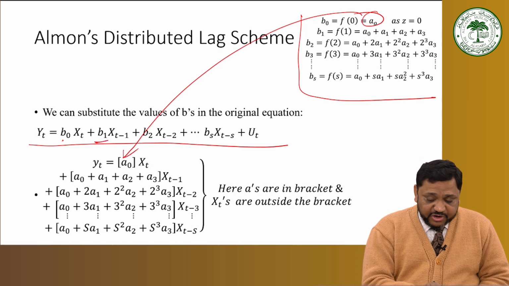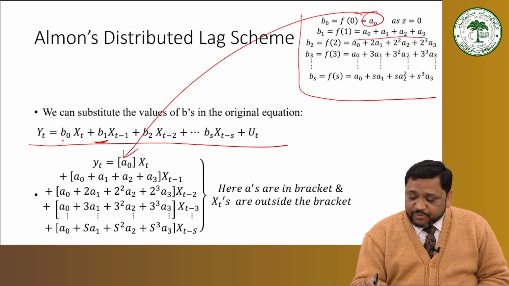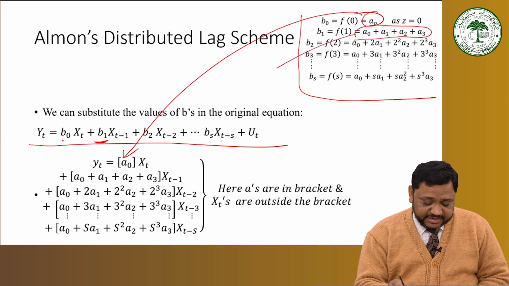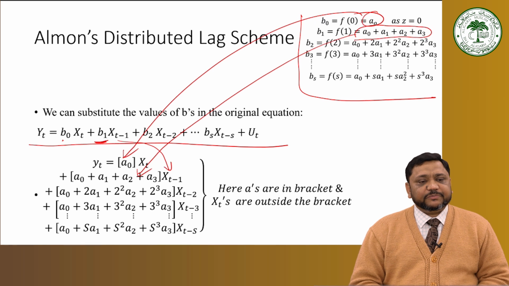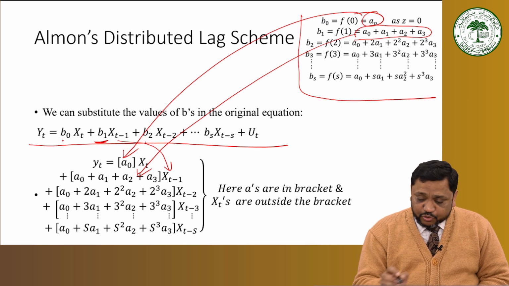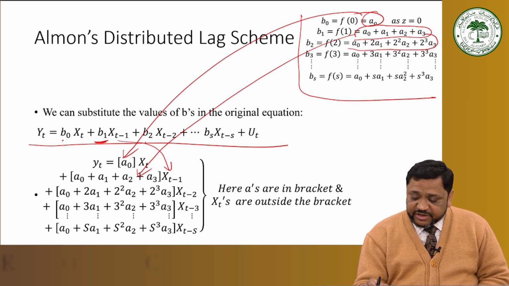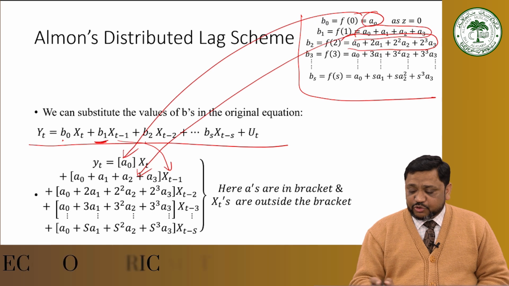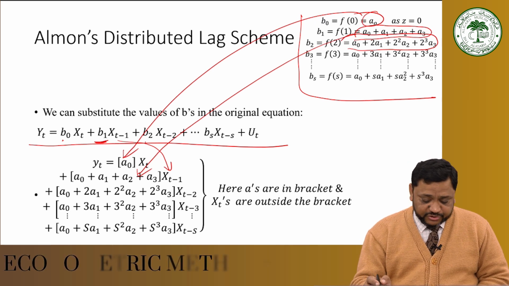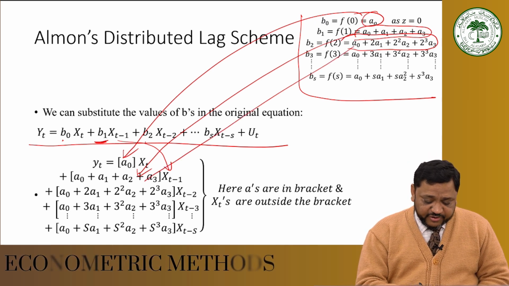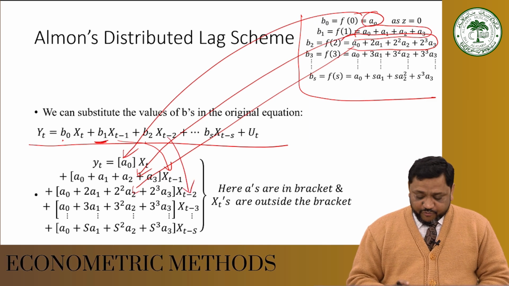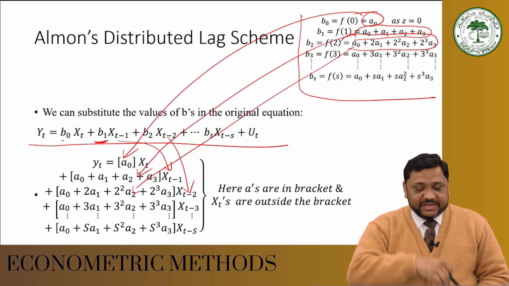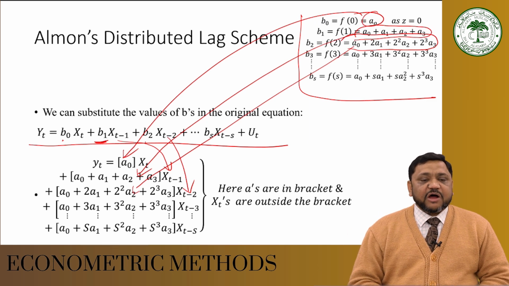In place of beta 1, what was beta 1? a0 plus a1 plus a2 plus a3. So I write this, and then xt minus 1 comes out. Next, beta 2: we have seen over here a0 plus 2a1 plus 2 square a2 plus 2 cube a3. This we write over here, and from here you write xt minus 2. So what we have done is that now the a's are in the bracket and the x's are outside the bracket.